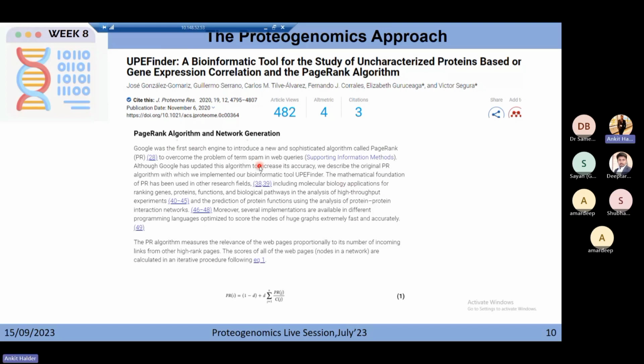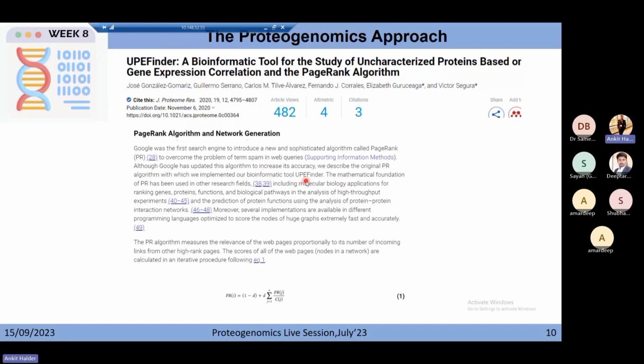All this leads to a better understanding of those proteins and identification of those missing proteins. So the PageRank algorithm was implemented in the UP Finder tool.